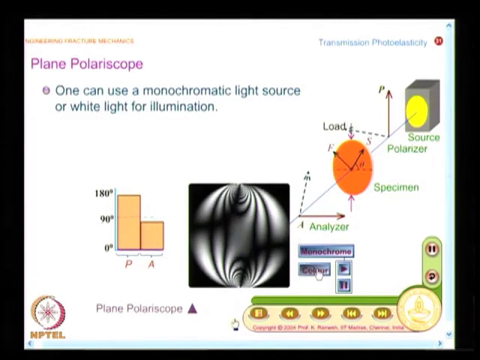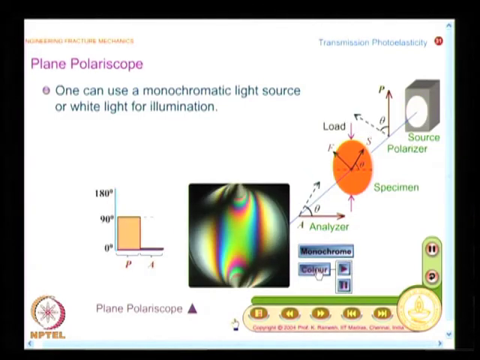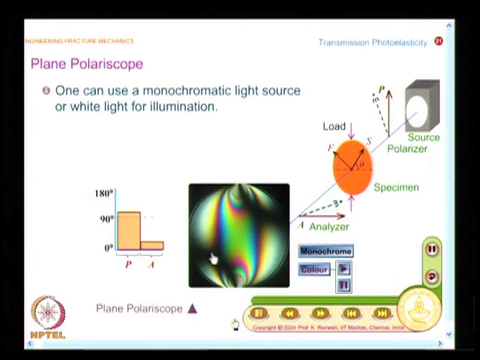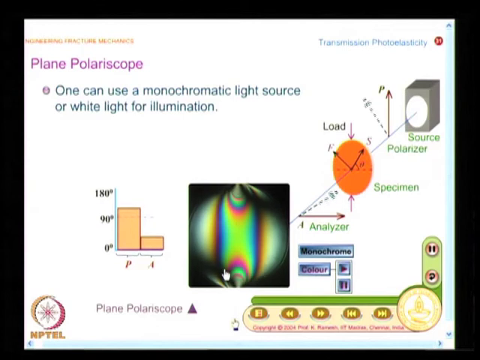So, now I go for a polychromatic light source, and as I said, these are colored. I have not provided the reason for this yet. When I rotate the polarizer analyzer, you have this as a black contour. It is independent of wavelength.